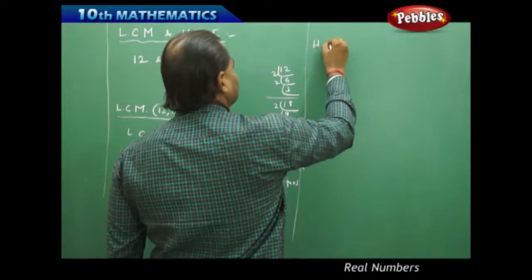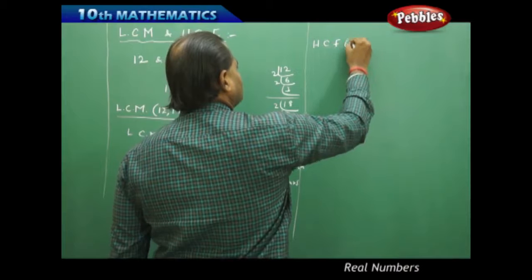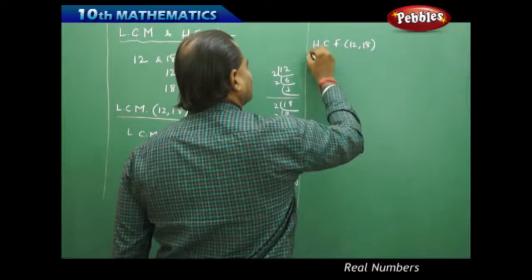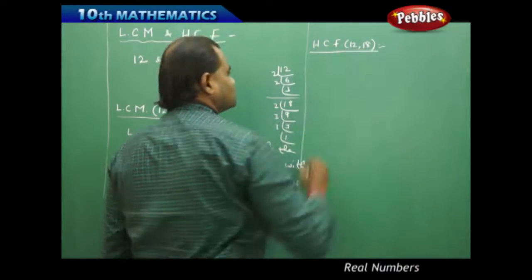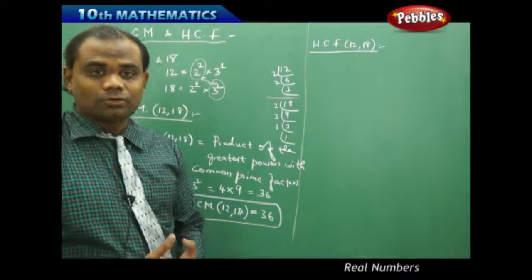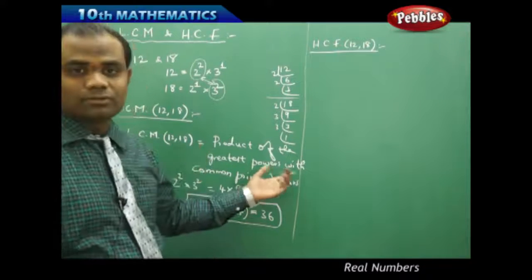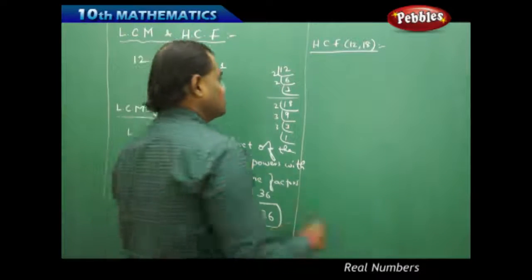if I wanted to find the HCF of 12 and 18, the highest common factor of 12 and 18, then I also have a formula similar to the LCM of two numbers.